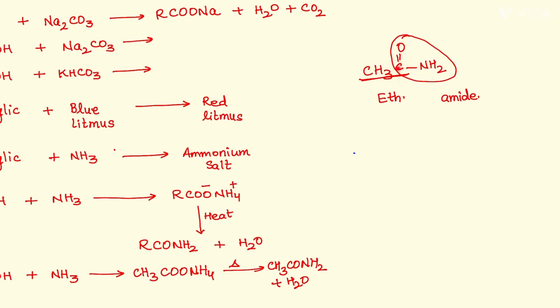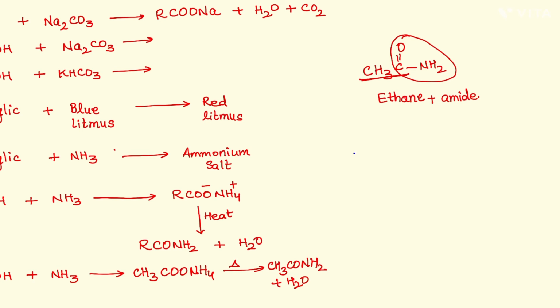You have to see the carbon chain. This carbon chain is fully satisfied. Carbon with 1, 2, 3 hydrogens, C double bond O. Between the carbon atoms, there is only a single bond. So, you will consider it as saturated. So, eth, saturated means ane, and then combining it with the amide.